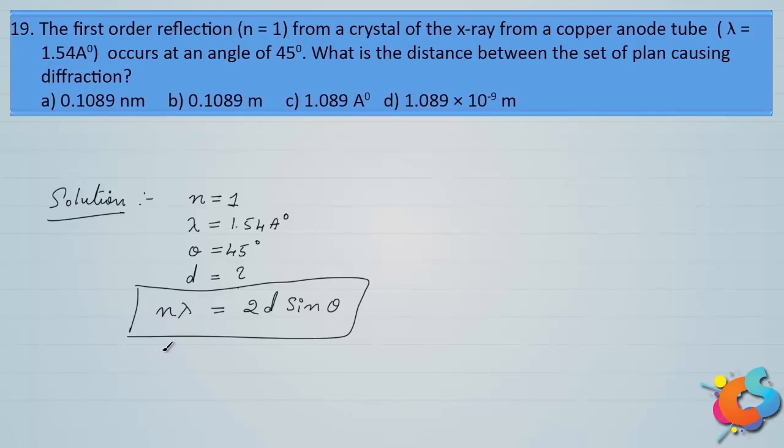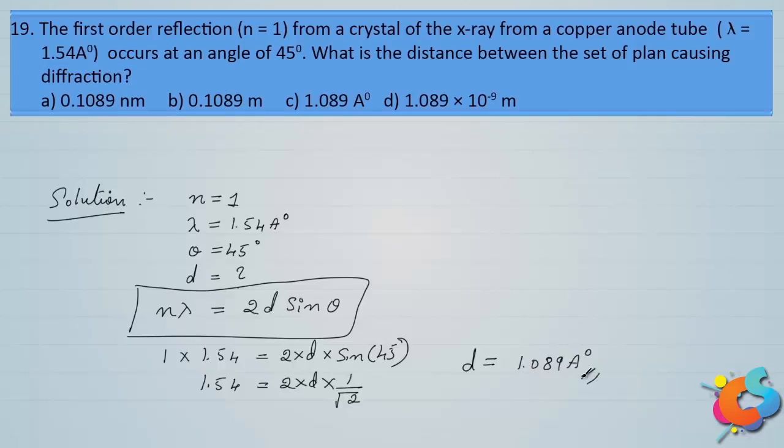By substituting n as 1, lambda as 1.54, we get 1.54 is equal to 2 into d into sine 45, and sine 45 value is 1 by root 2. By simplifying, we get the distance as 1.089 angstrom. Therefore, the right option is option C.